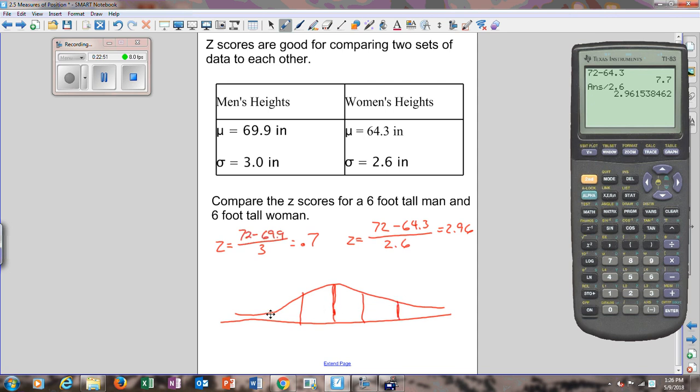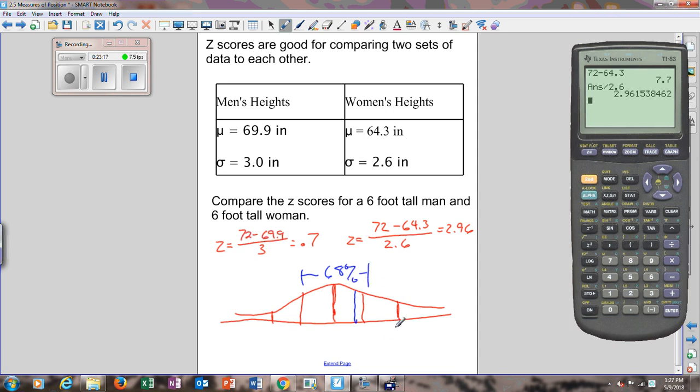Then 2 standard deviations would be out here. And so if we're looking at this data, this person at 0.7, this guy, is right here, right? So he falls within 1 standard deviation of the mean. So he falls within the normal 68% of guys.